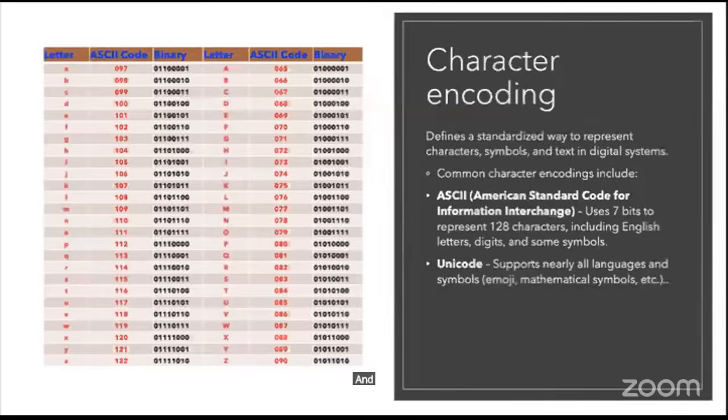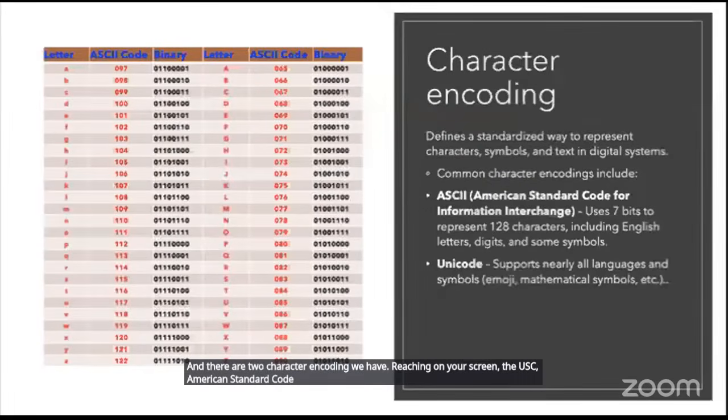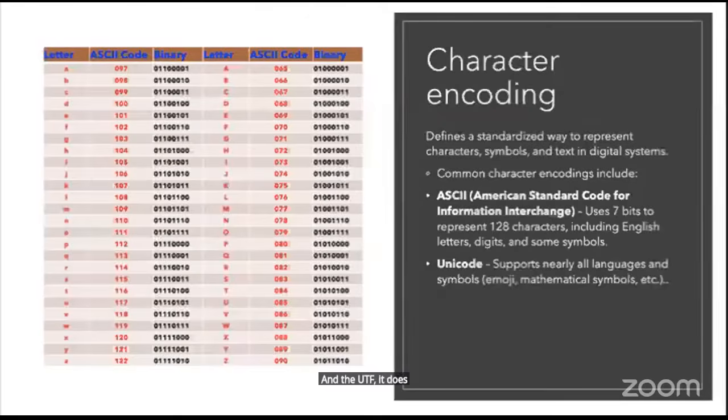And there are 2 character encodings we have written on your screen. The ASCII, American Standard Code for Information Interchange, and the UTF-8, that's Unicode Transformation Format. Well, if you want, you can cram these names.